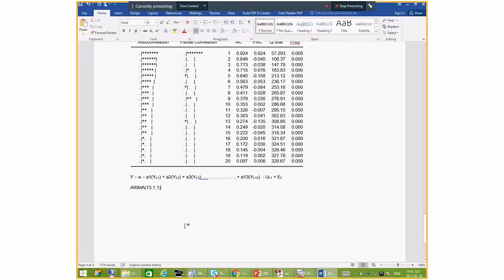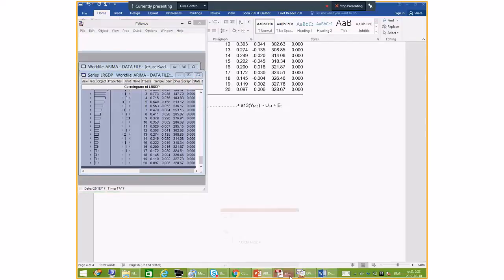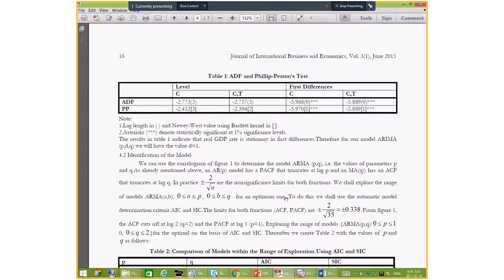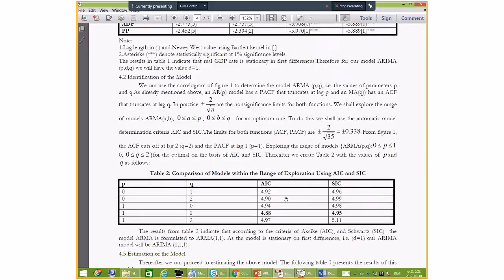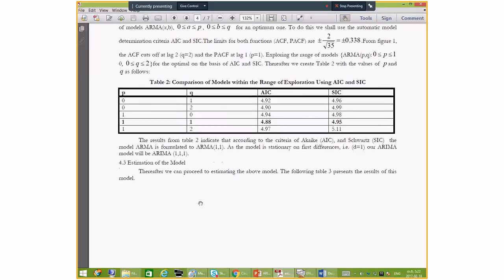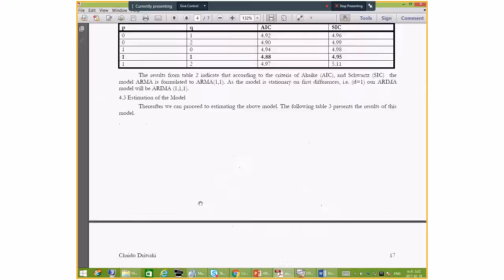ARIMA, 13 autoregressions, 1 difference, then our ARIMA model will be here. This ARIMA model is 111. In our case the ARIMA model is 1311. Then we need to estimate the model.